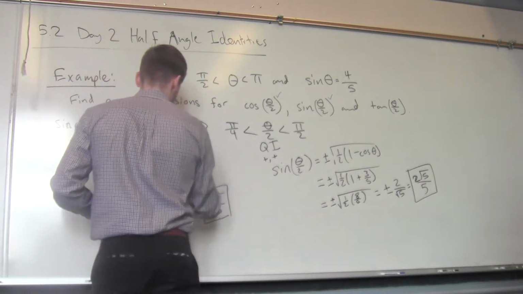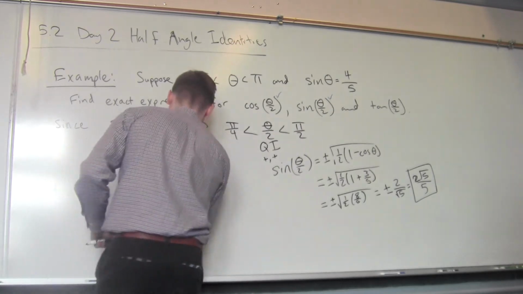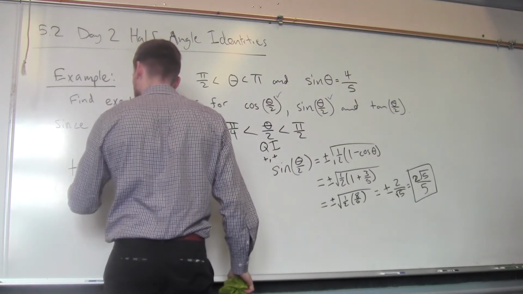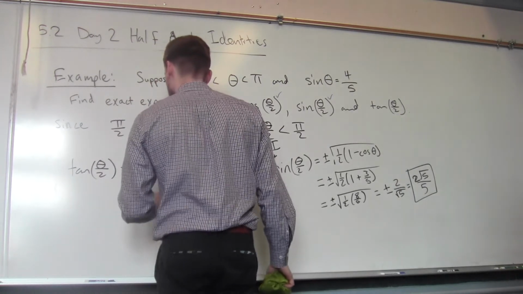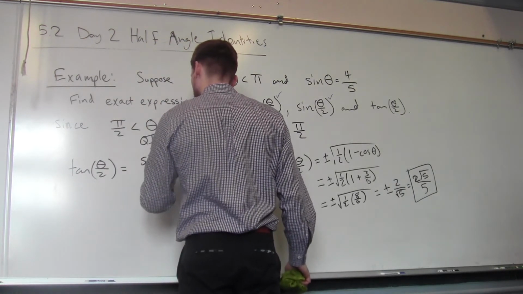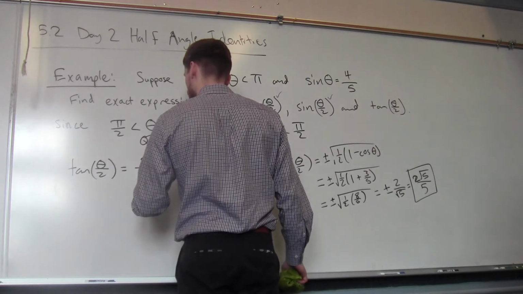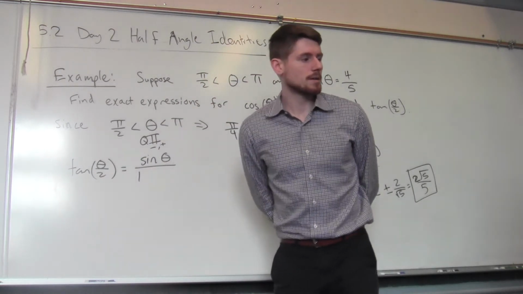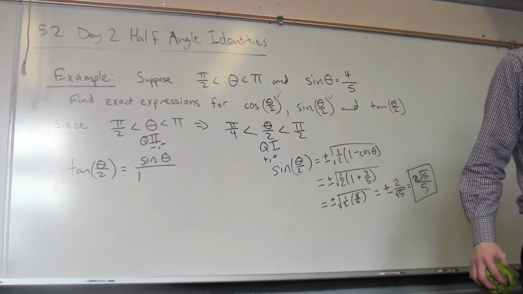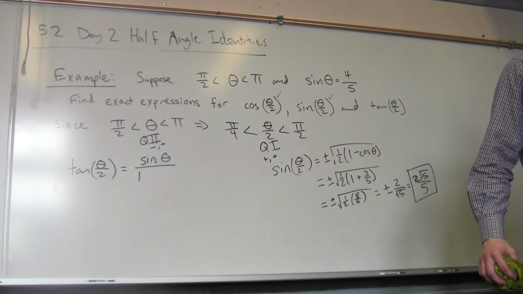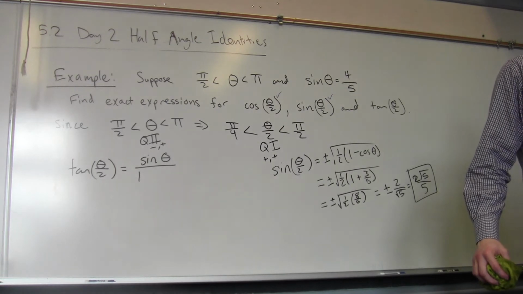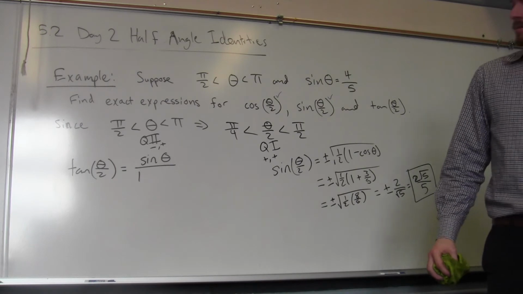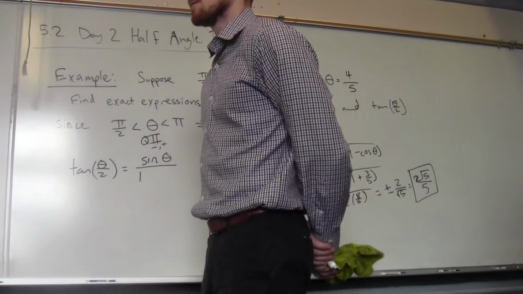I'm going to erase this one. So, tangent of theta over 2 equals sine theta over 1 plus cosine theta. Now I have to think. Let me look back at my notes. I had it written on the board earlier.